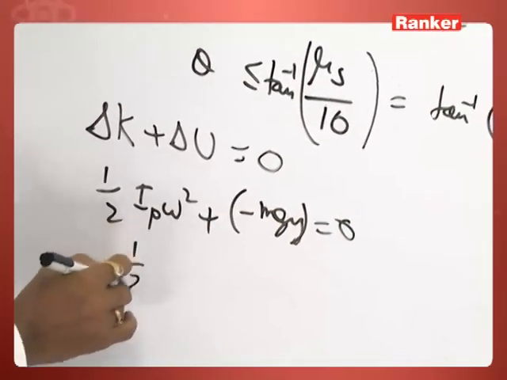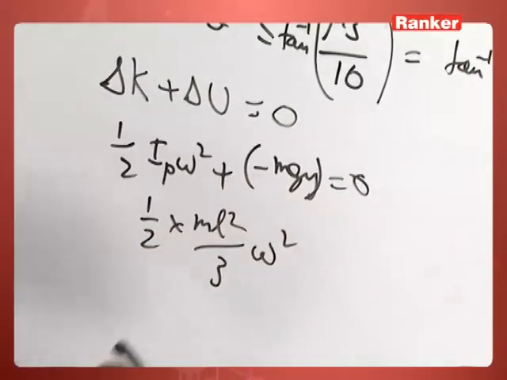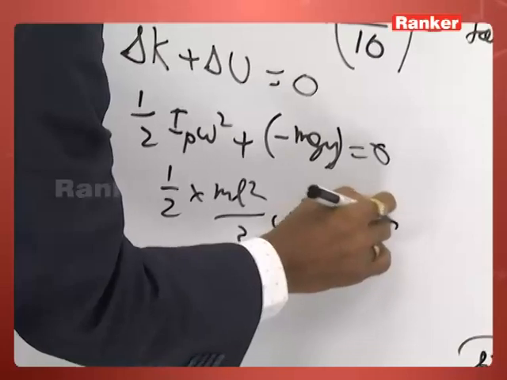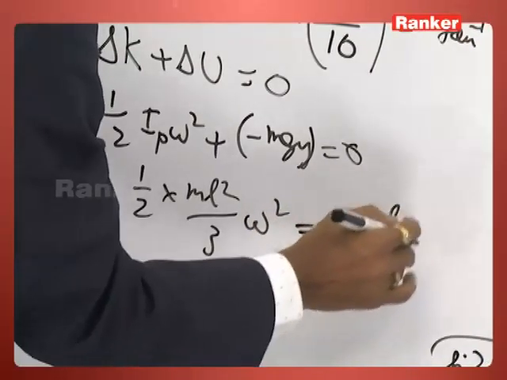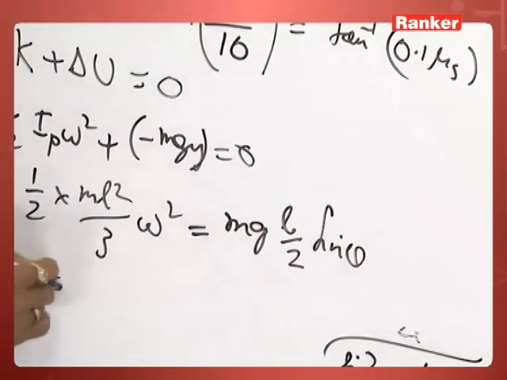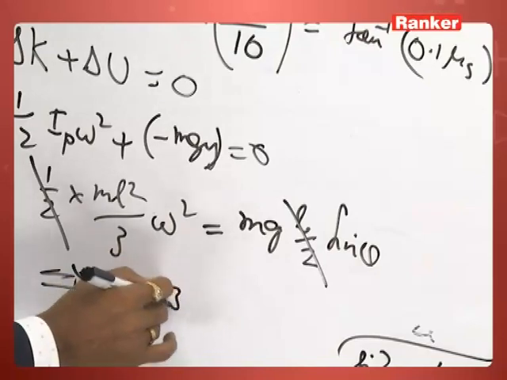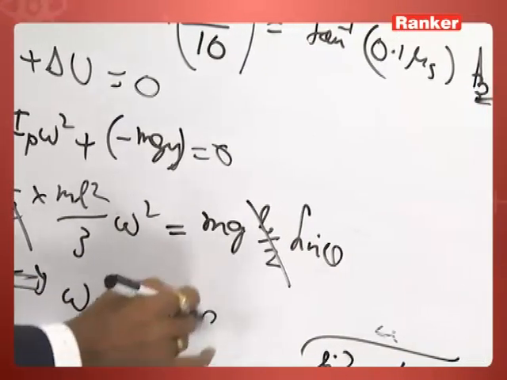So Ip, which is ml square by 3, into omega square is equal to mg, y equal to L by 2 sin theta. Are you not getting the same omega? Omega you are getting as square root of 3g by L sin theta.